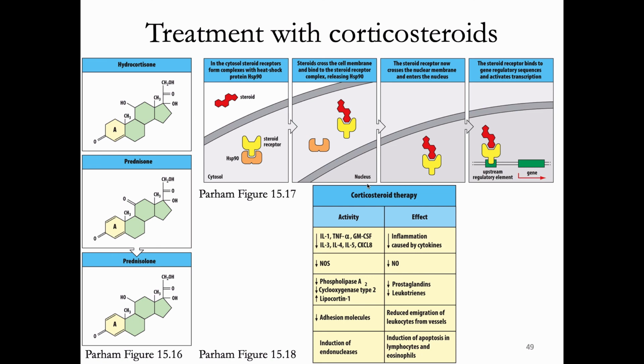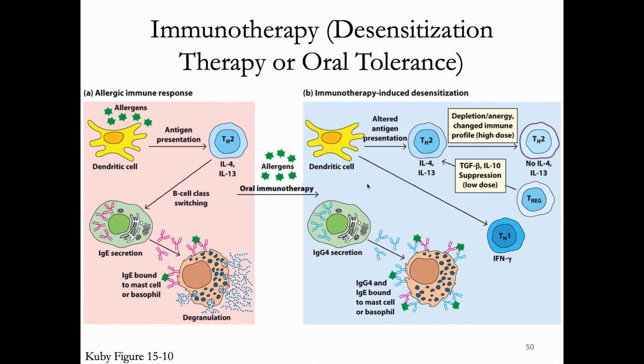The other thing to mention is that particularly for some of the allergies, we can see the use of immunotherapy, which is generally referred to in this case as desensitization therapy. This is where you get your allergy shots, as a way to reduce allergy symptoms.